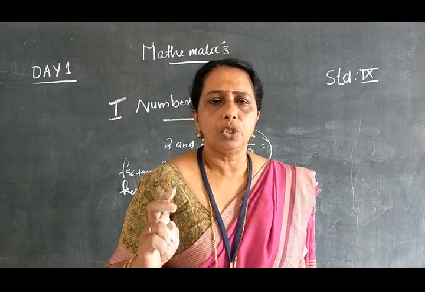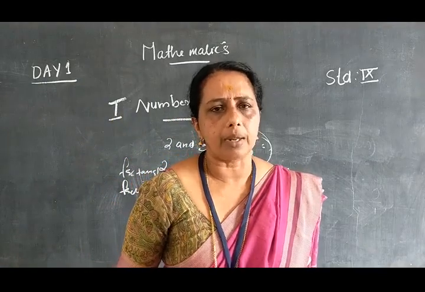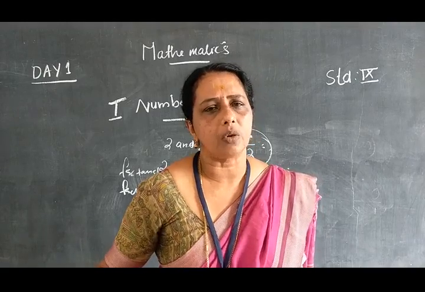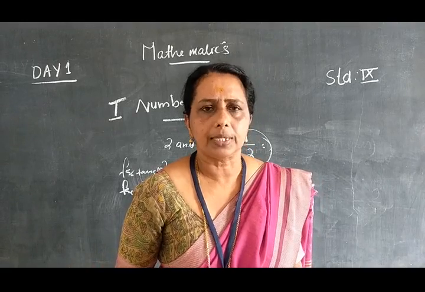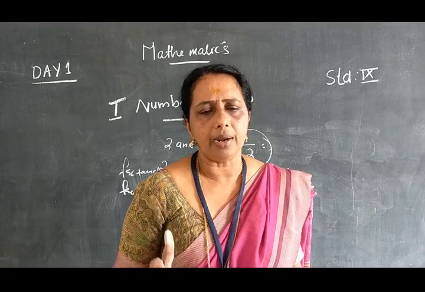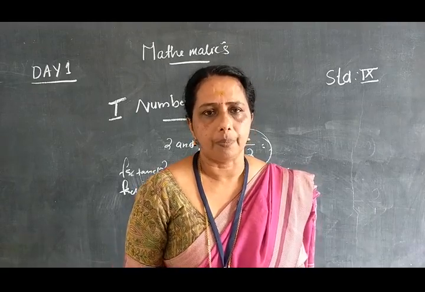Co-prime numbers are two numbers having only 1 as a common factor. All consecutive natural numbers are co-prime numbers. 5 and 6 are co-prime numbers. 6 and 7 are co-prime numbers.